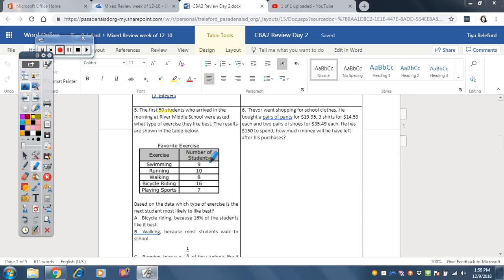Then it comes down to the percent. And you know how to calculate percent. So your total is 50. If you didn't read, you have to add it all up. But whatever people like most, find the percent and decide which answer is true.